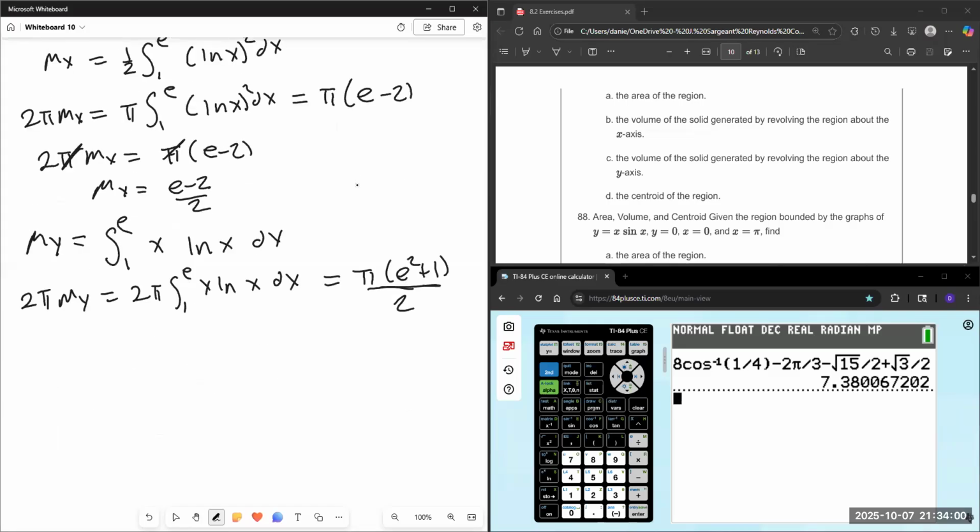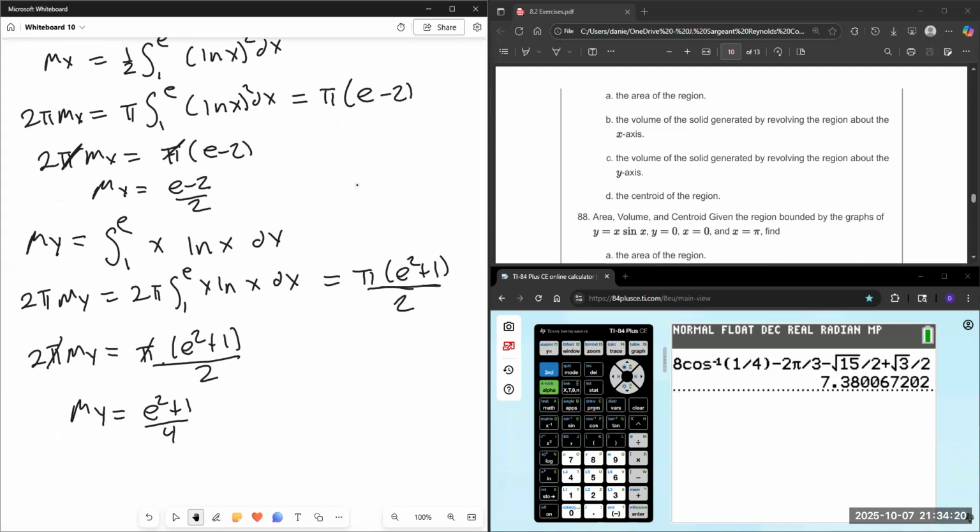So 2 pi my is equal to pi times e squared plus 1 over 2. Pi's will come out. My is equal to e squared plus 1 over 4.